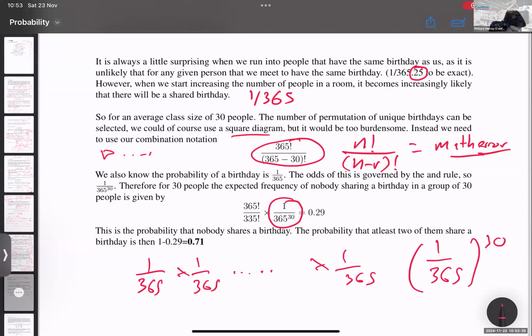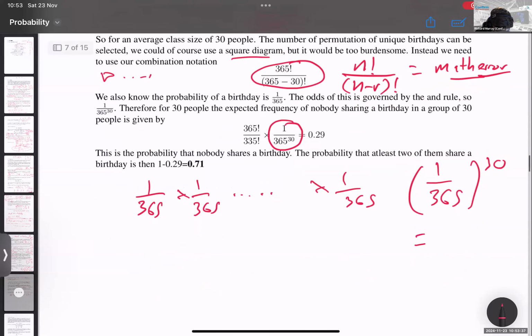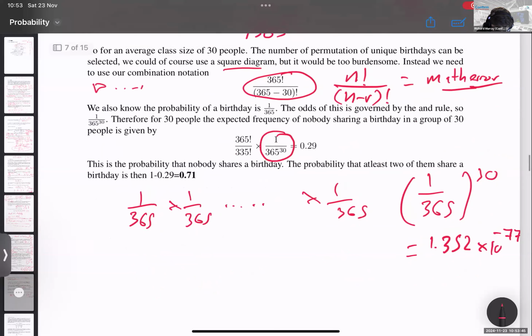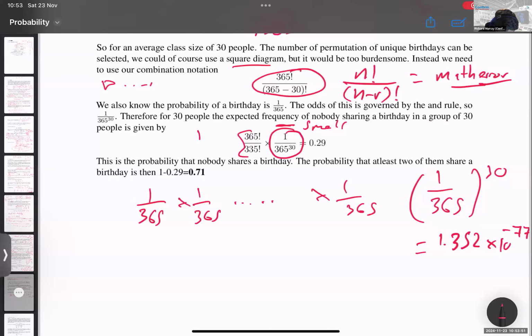And again, if we try to calculate that on our calculator, we get a very, very small number, which is 1.352 times 10 to the minus 77. So this is a very, very small number.